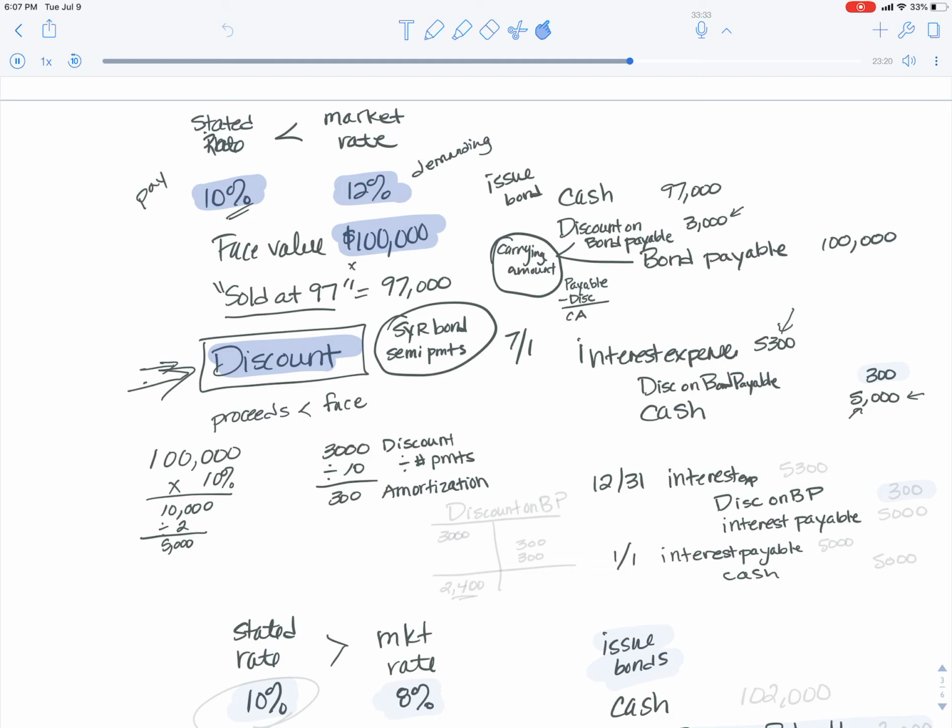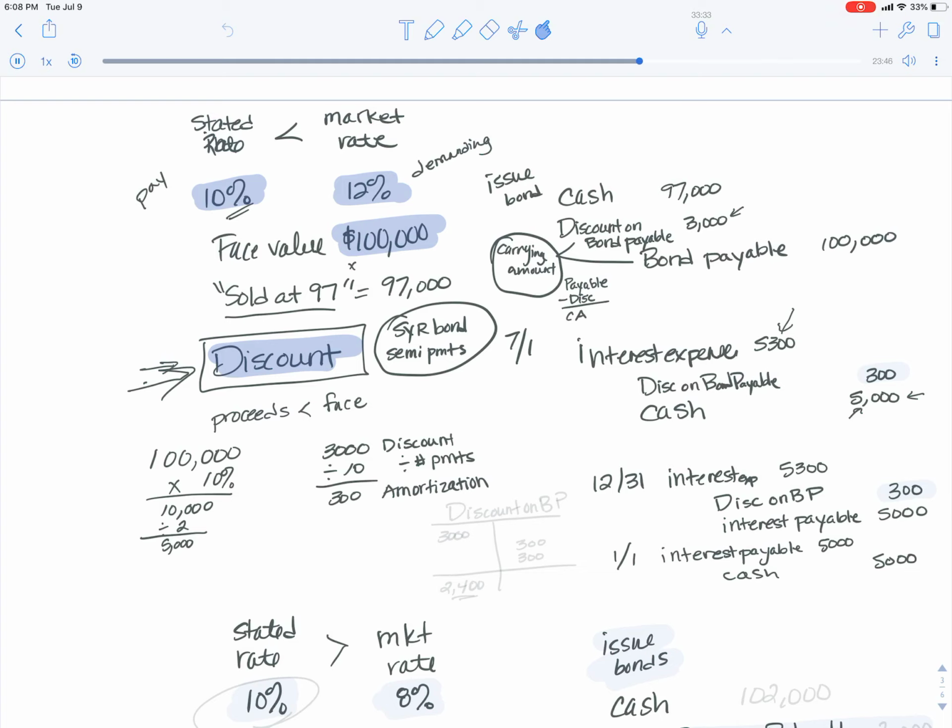And so then you would do this again. At the end of the year, we have to make that accrual again. We won't pay the cash. We'll just put it in interest payable. You'll have the $300 discount, and interest expense will be $5,300. And then the next day, you'll turn around, take the $5,000 out of payable, and write the check. Okay?